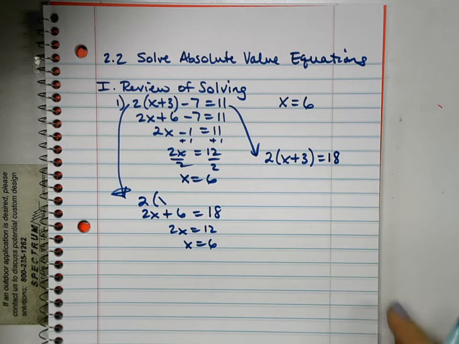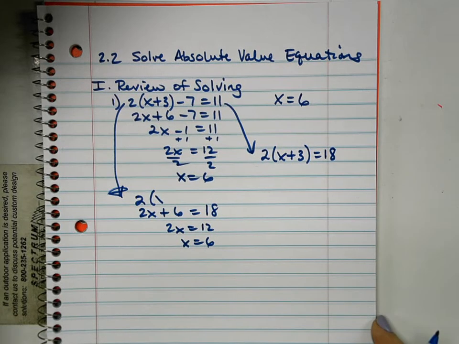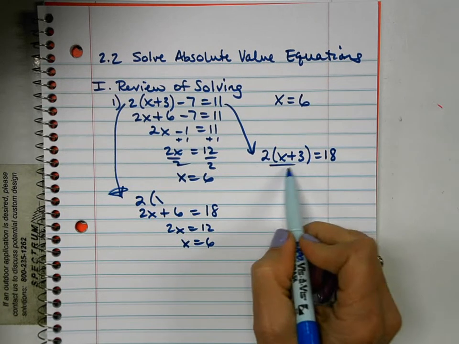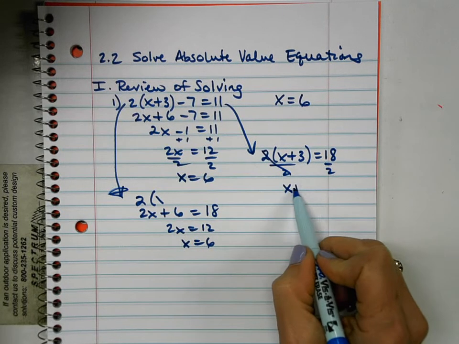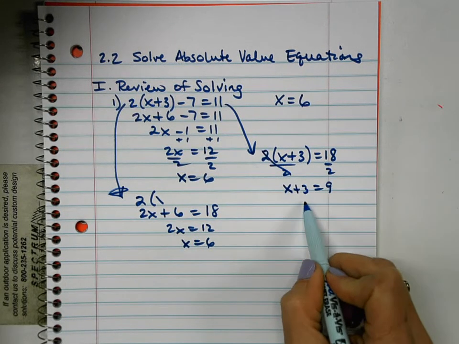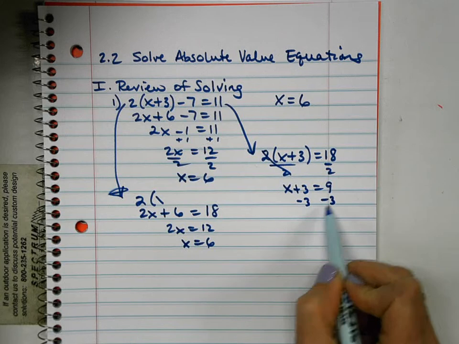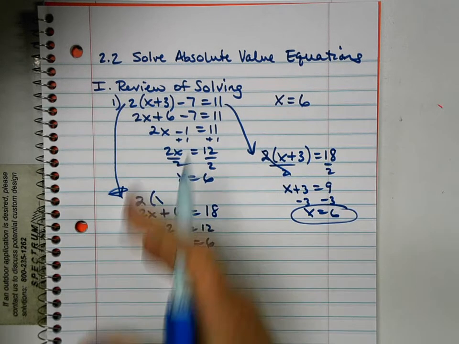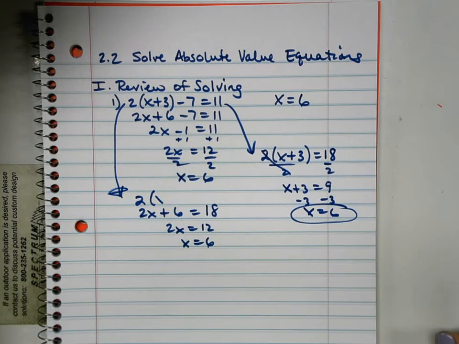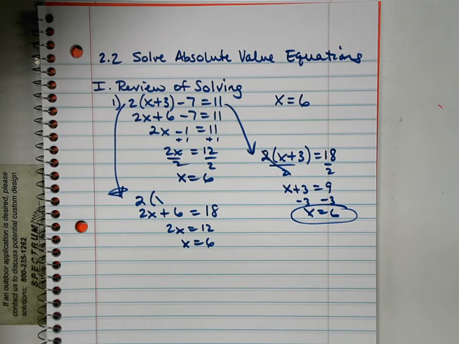And then if instead of distributing, I divided by 2, you've got to be careful here if you do it this way, but these would cancel. You'd have x plus 3 equals 9. Subtract the 3, and you get x equals 6. Same answer, okay? But distributing only added one step, so I'd say go ahead and distribute first. I'd probably stick with that method.